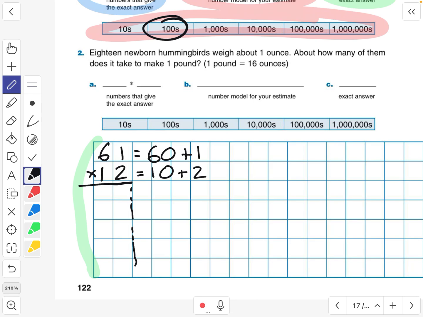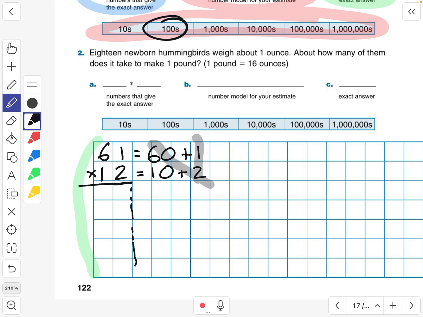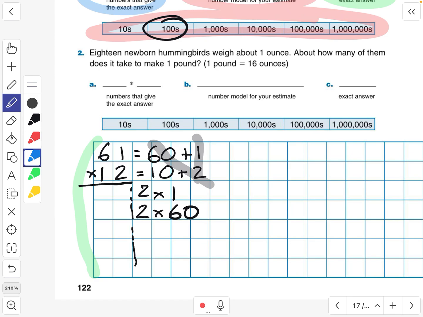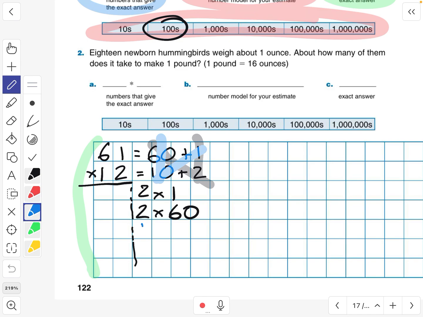There's going to be 2 times 1 and 2 times 60, and then 10 times 1 and 10 times 60. You see, if you're organized about how you lay this out, you don't miss things and you don't make silly mistakes, or any mistakes.